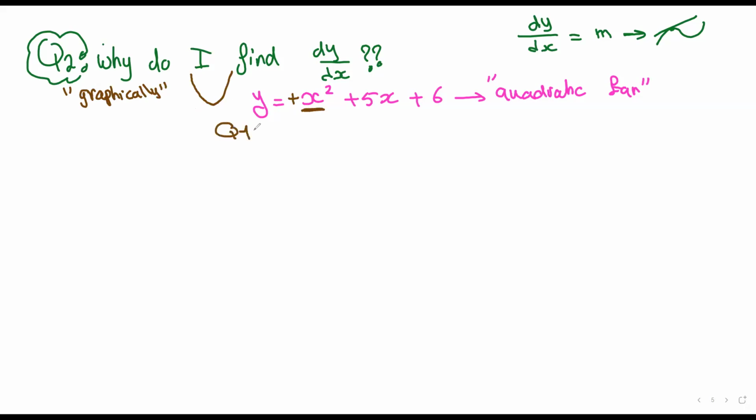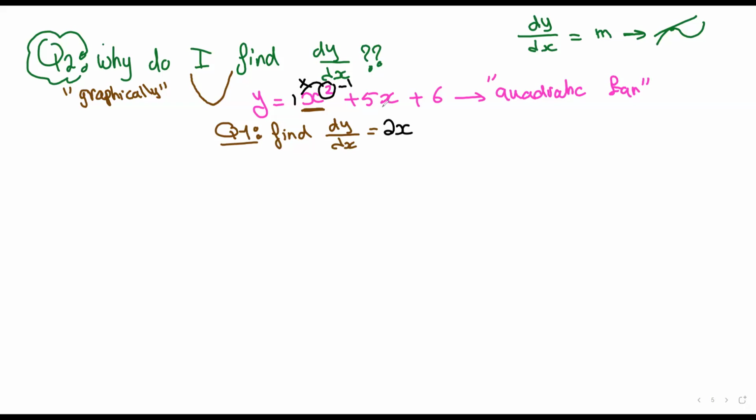Question number 1 will say find dy by dx. I guess now, after we have explained cases A, B, and C, you will all be able to find dy by dx. How do I find dy by dx? We bring the power down to multiply and subtract 1, so your differentiation is 2x.